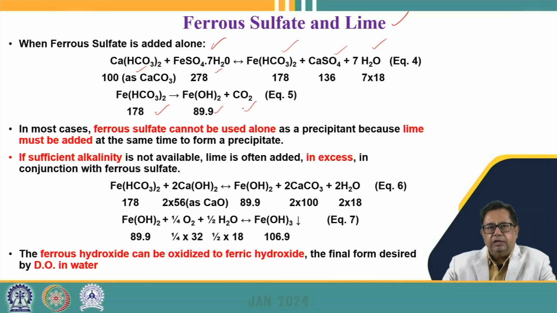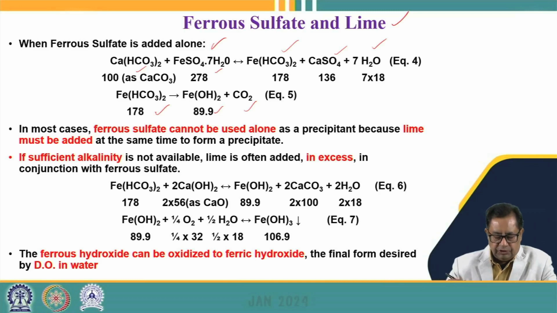So this means that if ferrous sulfate alone is present, it may not lead to the formation of any precipitate, for example ferric hydroxide will not be formed in such a case, and we have to add lime to it so that we can form the precipitation of the ferric hydroxide.